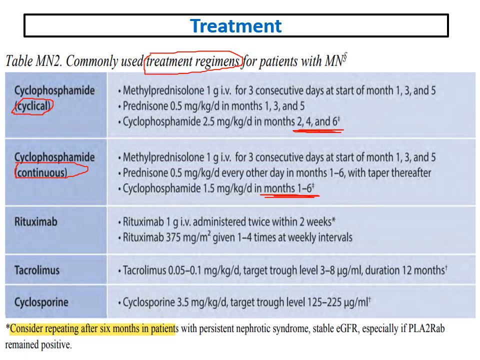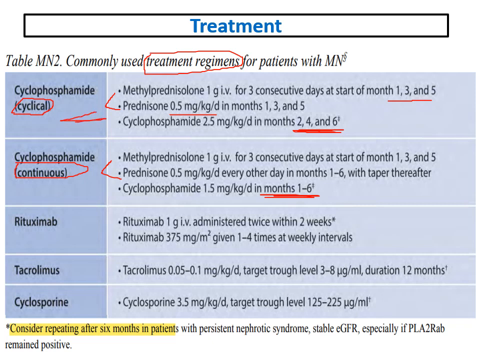With cyclophosphamide, we use steroids. Methylprednisolone 1 gram for 3 consecutive days at months 1, 3, and 5, followed by prednisolone 0.5 mg per kg per day. This is the Ponticelli regimen.